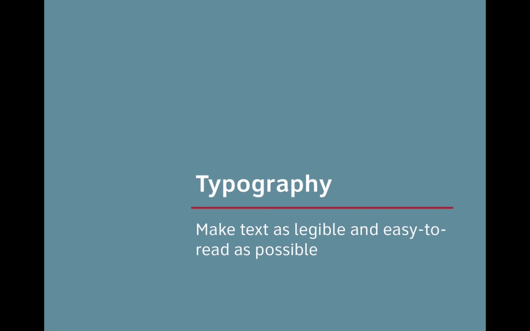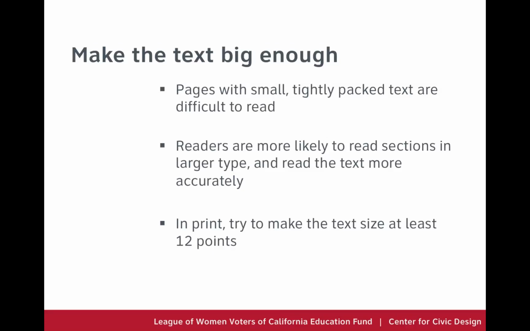So the broad rule we're talking about is making text as legible and easy to read as possible. The simplest rule about that ends up being make the text big enough. This sounds like an oversimplified rule, but in reality, big enough in our world translates into essentially as big as possible.